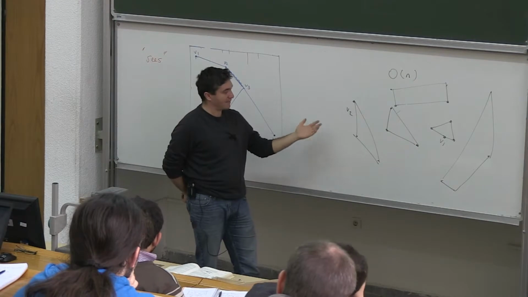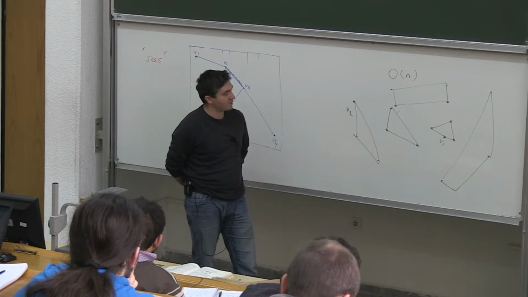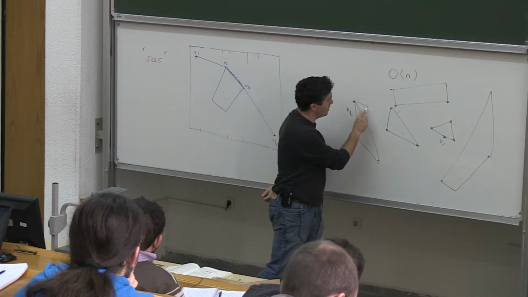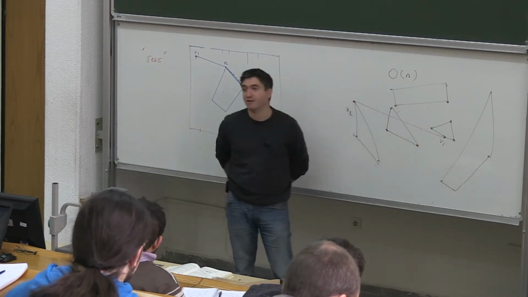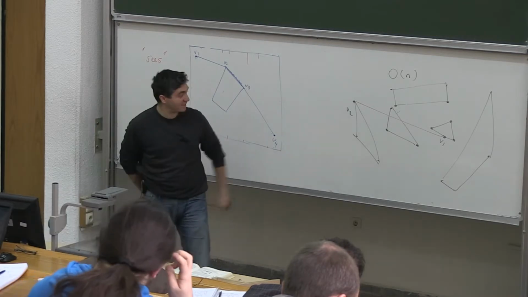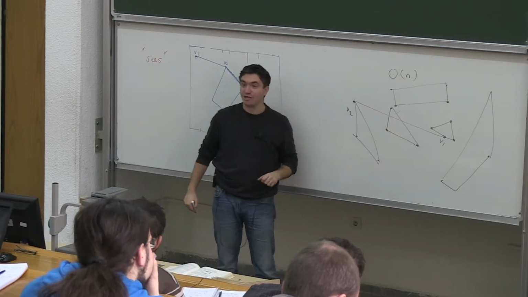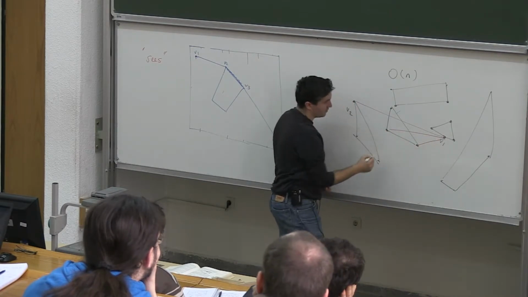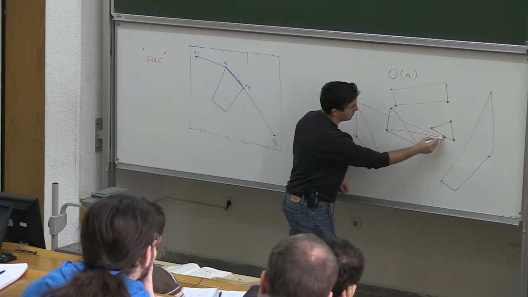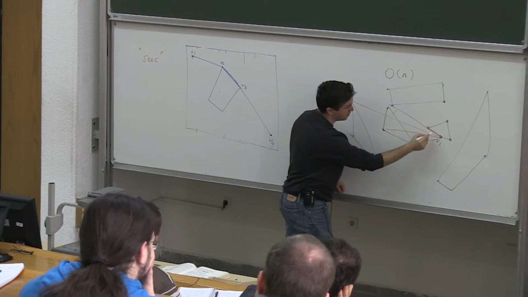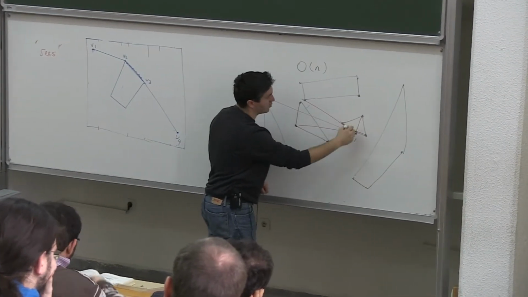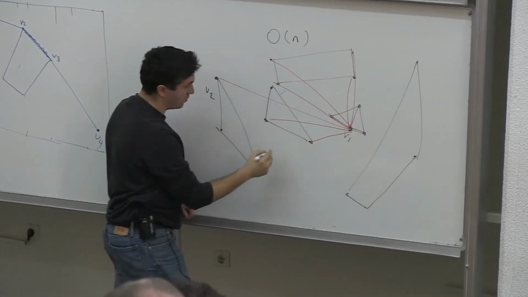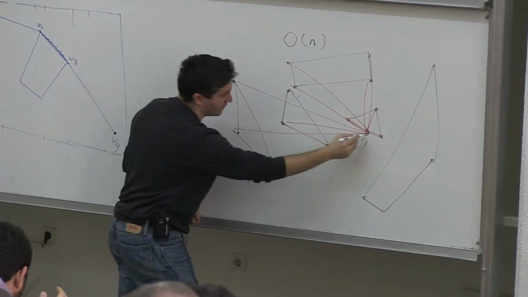This is like a lower bound, but let's see what we want to do. We want to check not only this line segment, whether it intersects other polygon edges, but for V1, all the line segments from V1 to every other vertex.